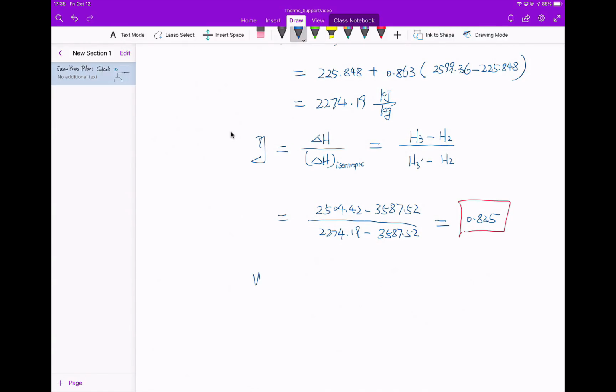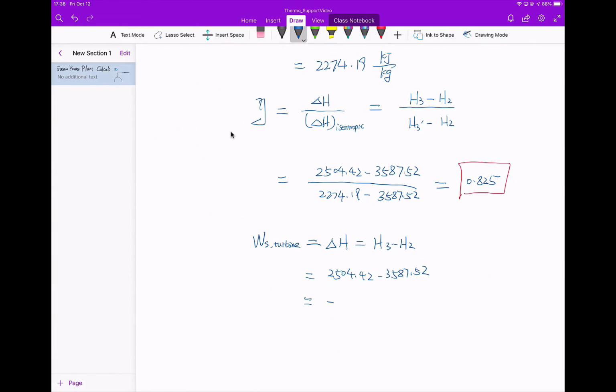So the shaft work of the turbine is indeed delta H actual, which is H3 minus H2, which is, that will give us a negative kilojoule per kilogram.